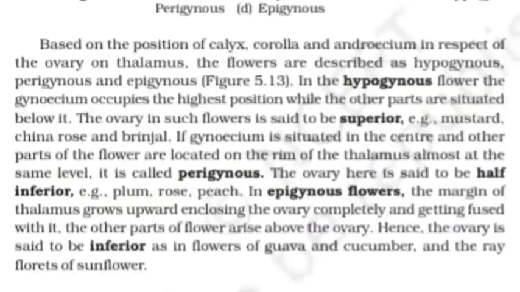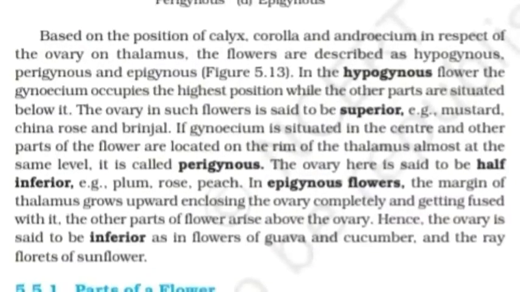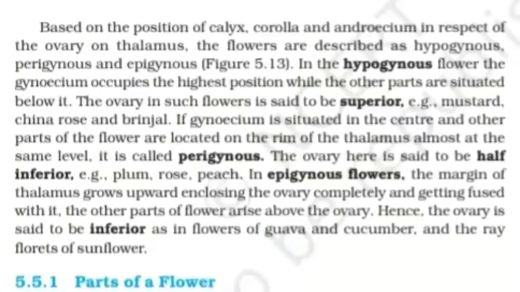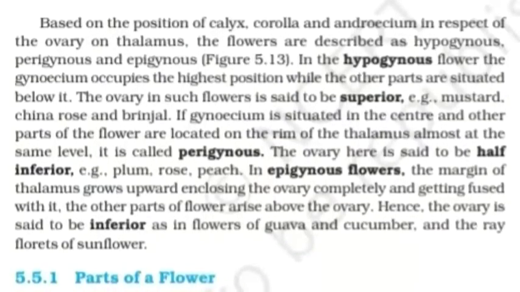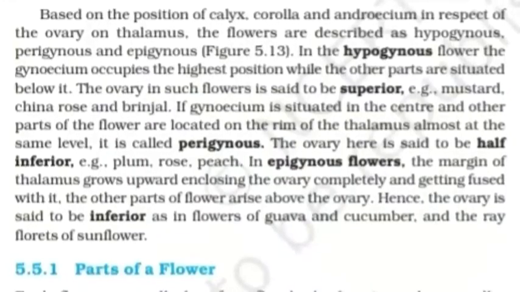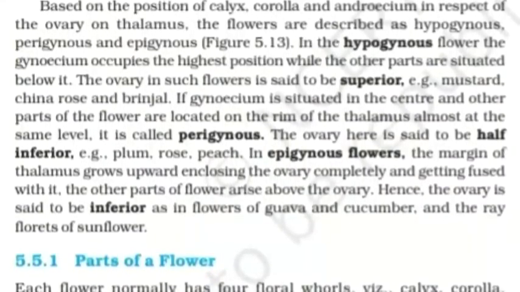Based on the position of calyx, corolla, and androecium in respect of the ovary on thalamus, the flowers are described as hypogynous, perigynous, and epigynous.